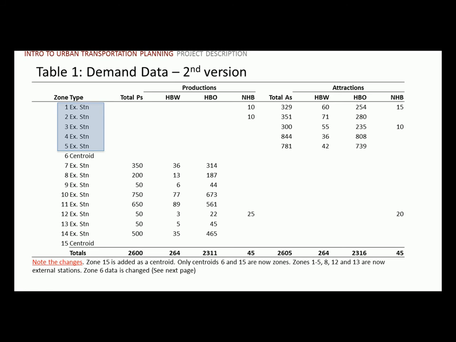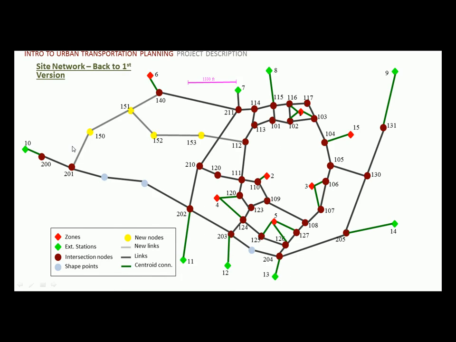With this second version, of course, we treated 1 through 5 as external stations. So now back to square one, or a diamond one, if you will. This version of faking the demand is, we are back to 1, 2, 3, 4, 5.